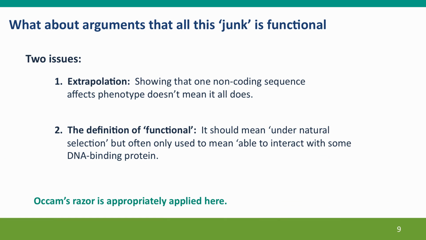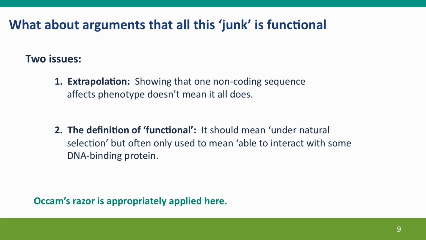Should we consider that all of this sequence that's accumulated because of unselected processes, both the biases in DNA polymerases and the accumulation of mobile DNA, should we conclude that all of this stuff is junk?